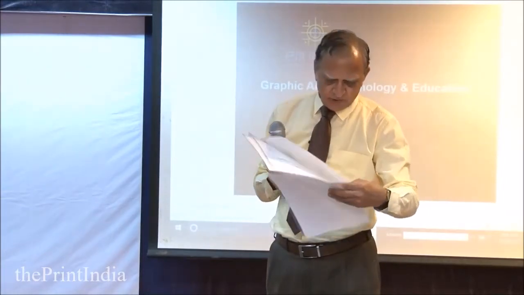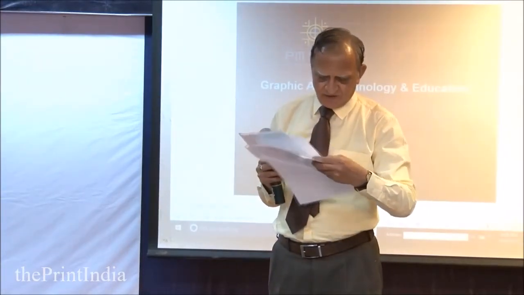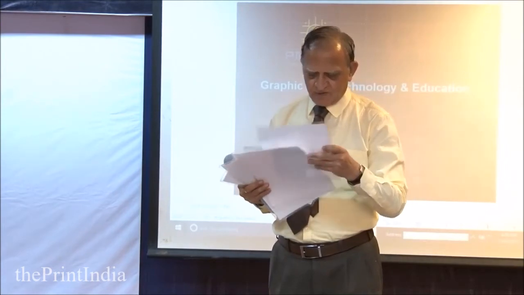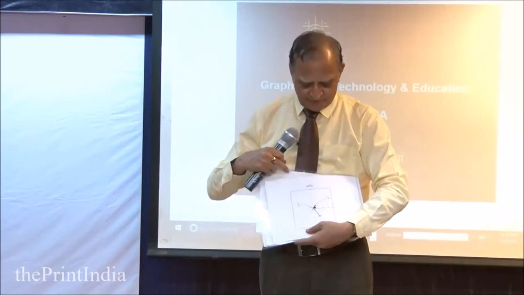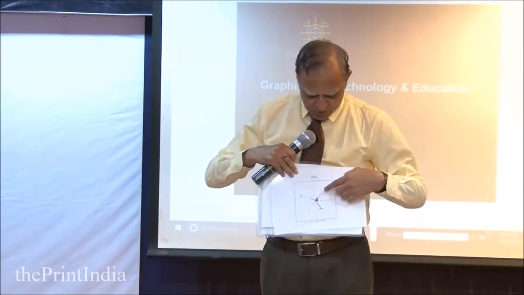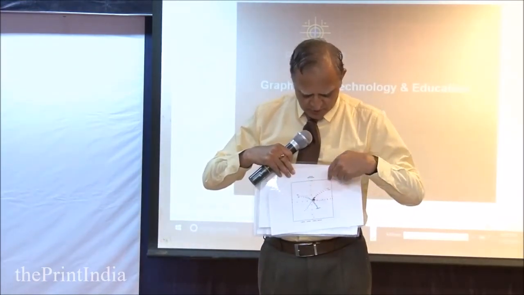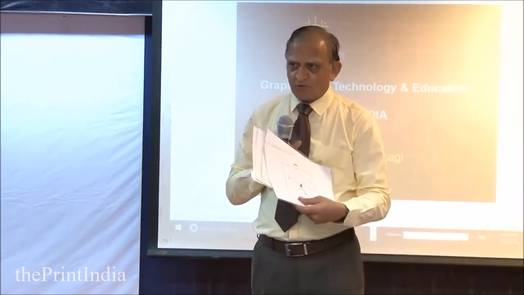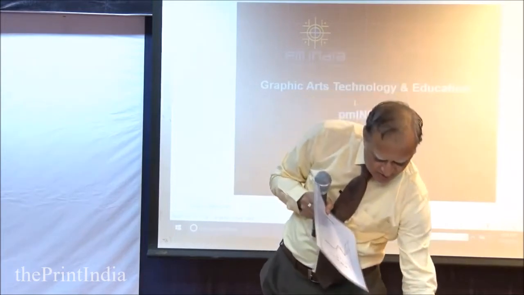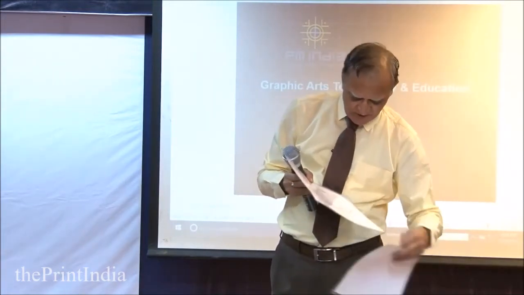So let me show you. These are plotted on the LAB diagram. So KCMY and KYMC, how it shifts, in which direction it shifts. If you want, you can see it later closely.